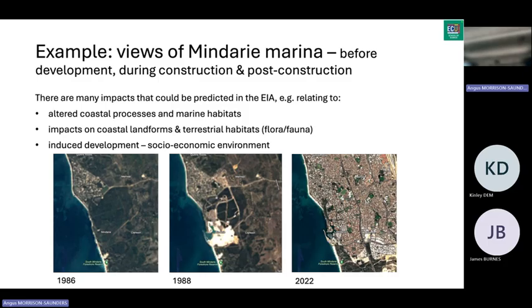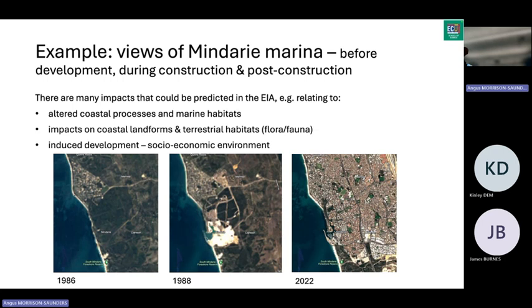Mindarie Keys was another development project put up in the late 80s or early 90s. You can see a picture of the coast before anything happened in 1986. The coast was straight and there was a lot of vegetation there. And then they started excavating this marina into the coastal dune system.